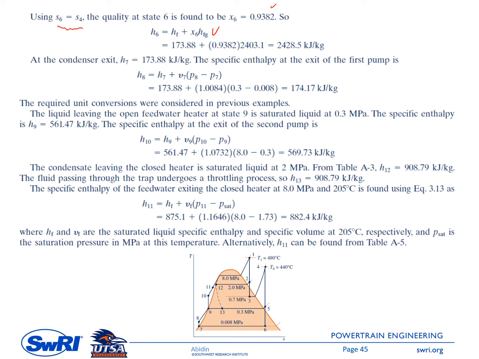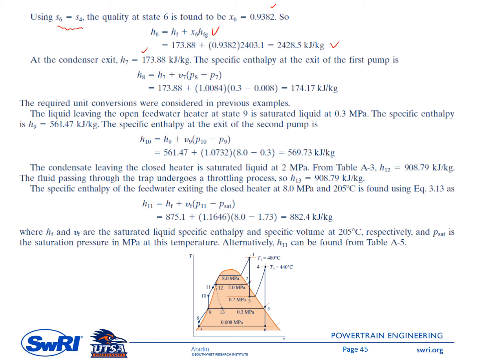HF and HFG are evaluated at the saturation pressure, which is 0.08 bar, and you will get H6 of 2428.5 kilojoule per kilogram. And then state number 7 is a saturated liquid at 0.08 bar, so you need to use table A3 to get H7.